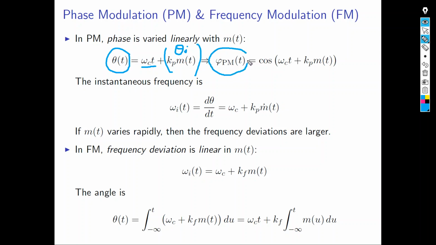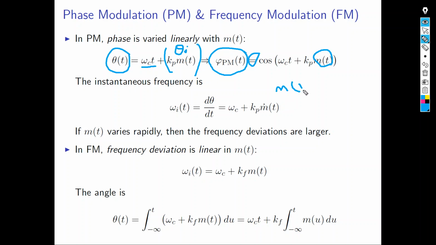Now what's the resulting modulated signal then? It's a cosine, whatever the amplitude, of omega c t plus k p m of t. Yes, m of t is basically your message. So you put it in the phase of the carrier. In AM, do you remember where we put m of t? We put it in the amplitude.